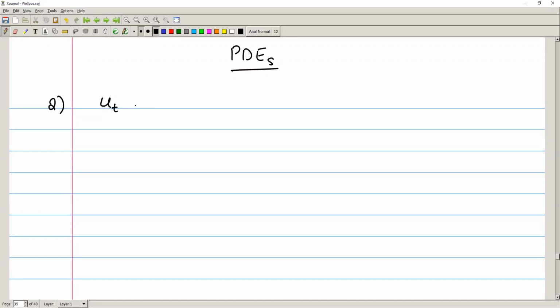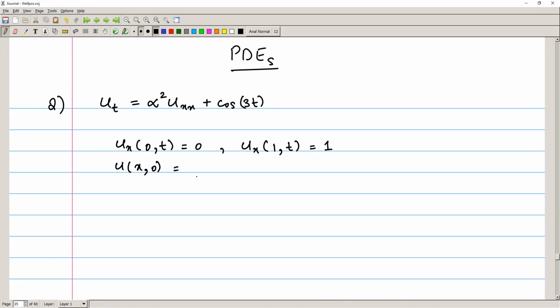u_t is equal to alpha squared u_xx plus cosine 3t, and the boundary conditions are u_x(0, t) is equal to 0 and u_x(1, t) is equal to 1, and the initial condition is u(x, 0) is equal to cosine pi x plus 1/2 x squared minus x.